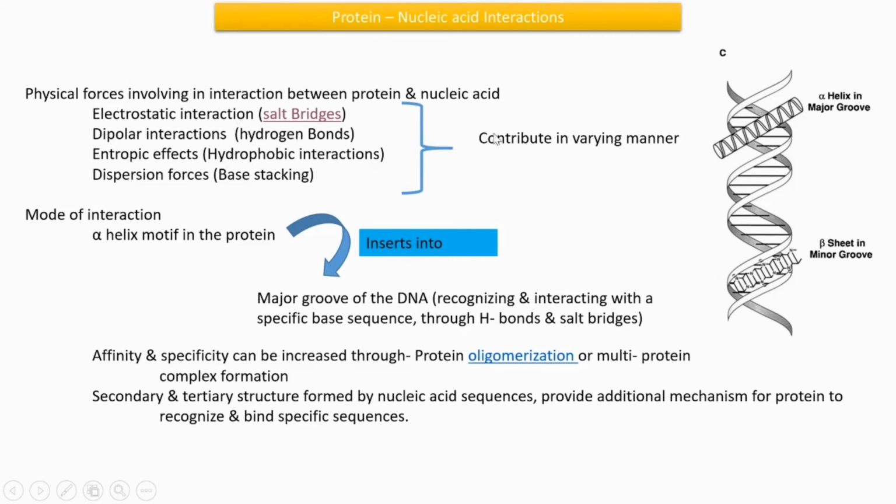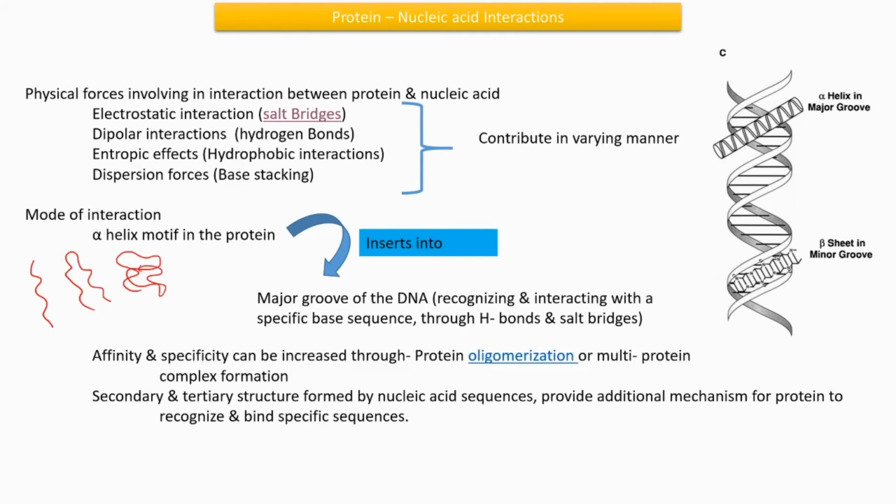All these physical forces contribute in a varying manner to the stability and also to different functions of the nucleic acid. And we are going to see in what way the protein interacts with the nucleic acid. Each protein, we know, has a primary structure, which is an extended chain. Then a secondary structure, a folded structure. Then tertiary means again multiple folding.